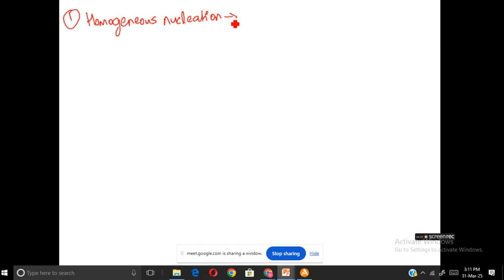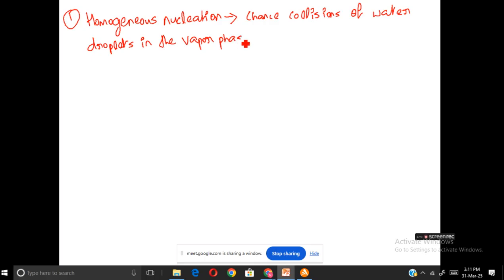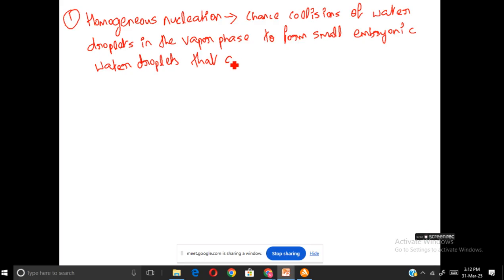Homogeneous nucleation is basically the chance collision of water molecules in the vapor phase to form small embryonic water droplets that are large enough to remain intact.